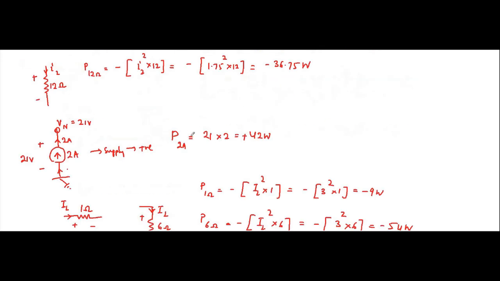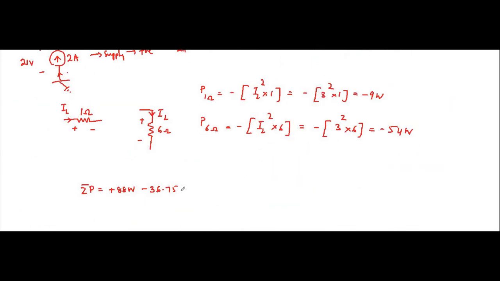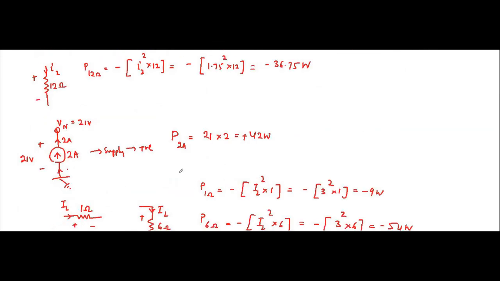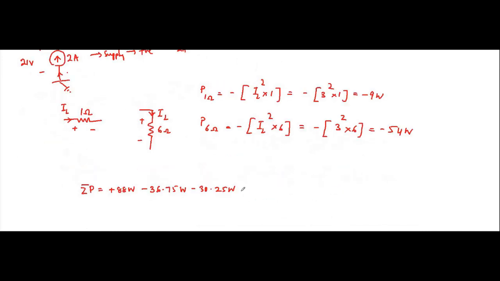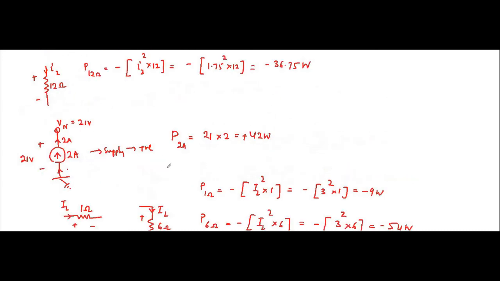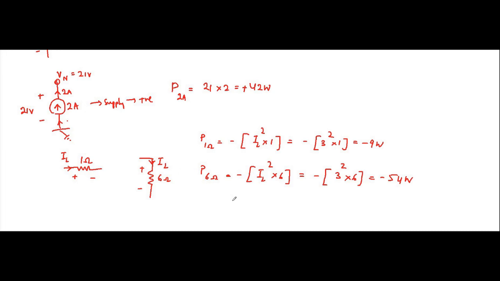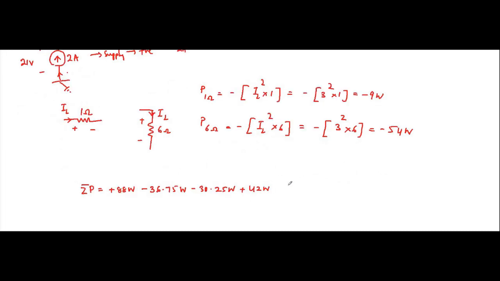Then the 4 ohm resistor, minus 30.25 watt. Then the 2 ampere current source, plus 42 watt. Then the 1 ohm resistor, minus 9 watt, and the 6 ohm resistor, minus 54 watt. I think this much is there.